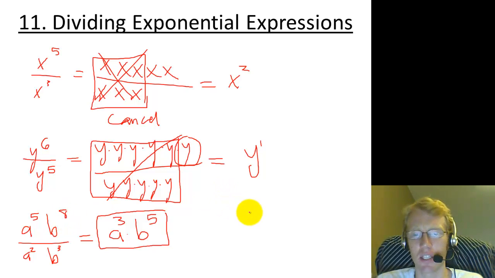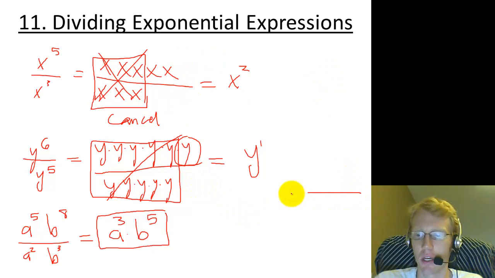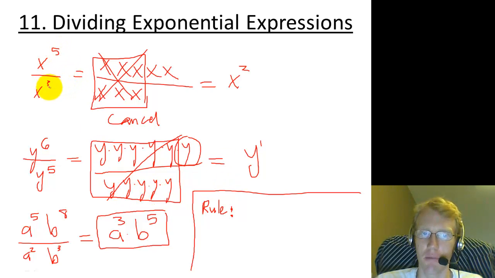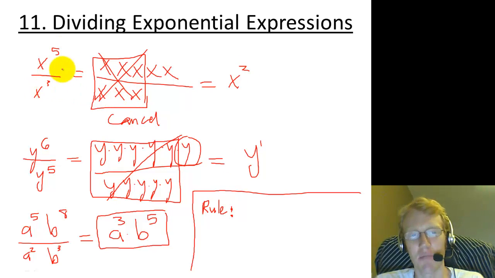Let's try to make up a rule using these 3 examples, for the pattern that we have found. So what pattern have you seen? What you should notice so far is that in every case, you take the top number and you subtract the bottom number to get your final answer, because subtracting is telling you how many of them are going to cancel out.